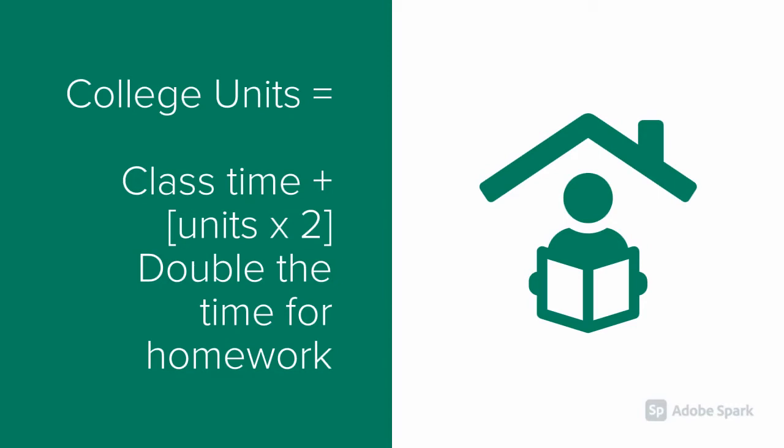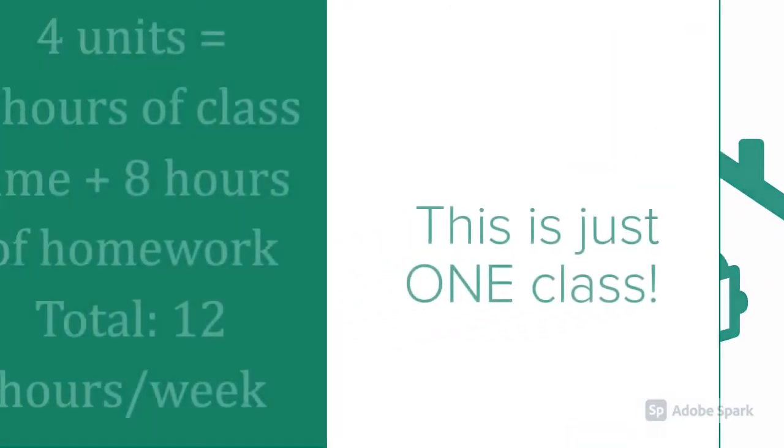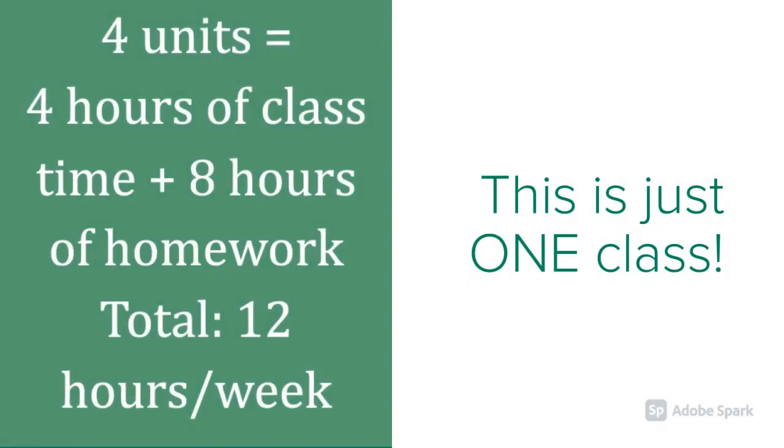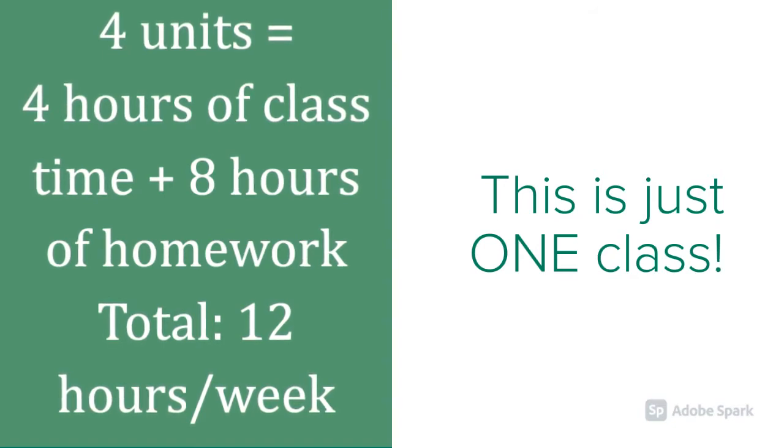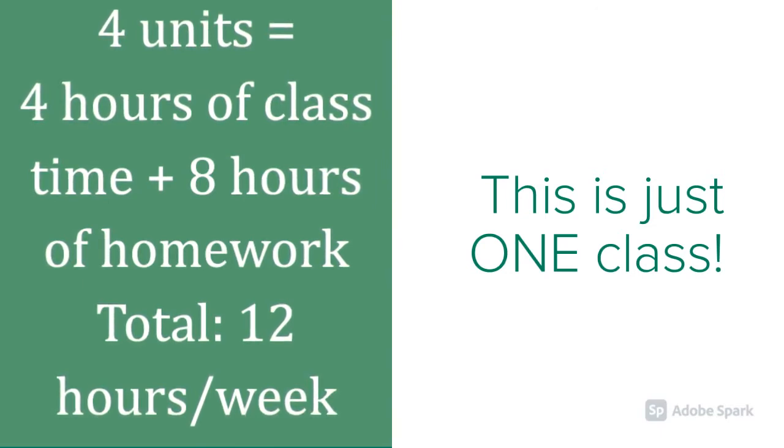So 1 unit equals 3 hours of work. So, in the example of a class that has 4 units, the class has 4 hours of class time plus 8 hours of homework. This means that in total, one class has 12 hours of work in 1 week.